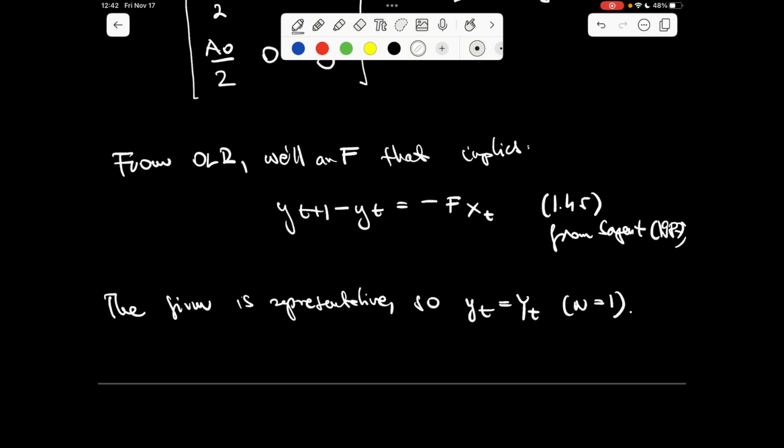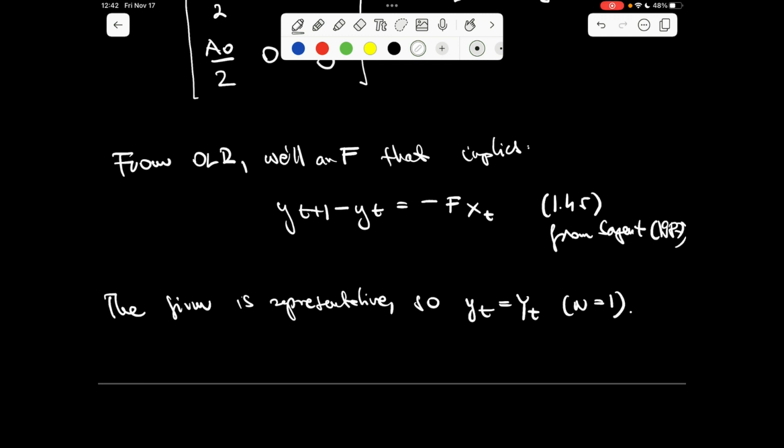We will see that there is only one perceived aggregate law of motion that is consistent with itself. So the firm, through the optimal linear regulator, responds to any state, and the optimizing behavior of the firm implies, through the fact that the firm is representative, an actual law of motion.